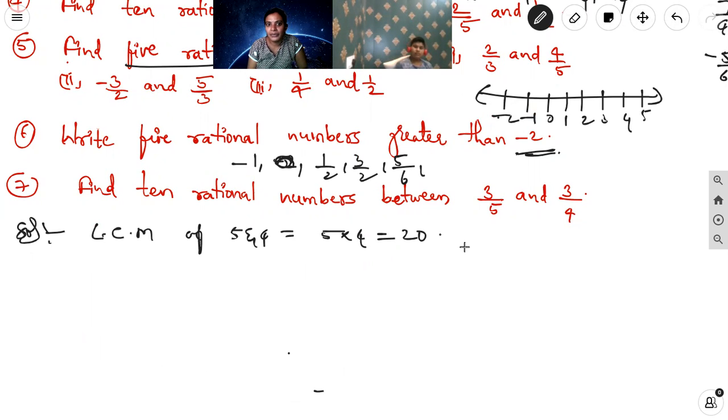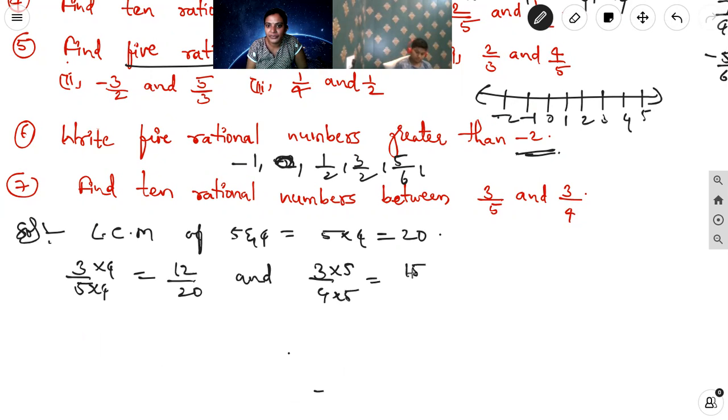Convert into like fractions. 3 by 5 into 4 by 4 is 12 by 20. And 3 by 4, multiply with 5, 3 5s are 15 by 20. Between 12 and 15, how many numbers are there? 13 and 14, 2 are there. How many do we want? 8 more we want.